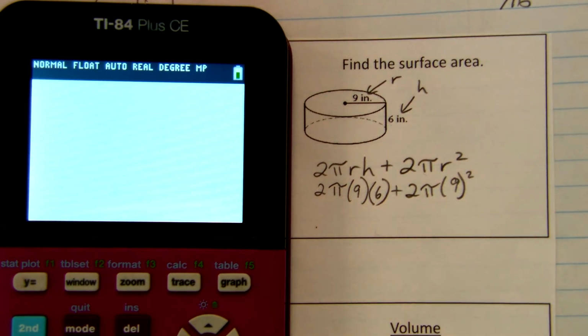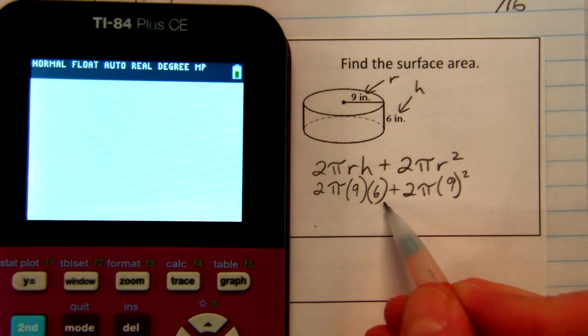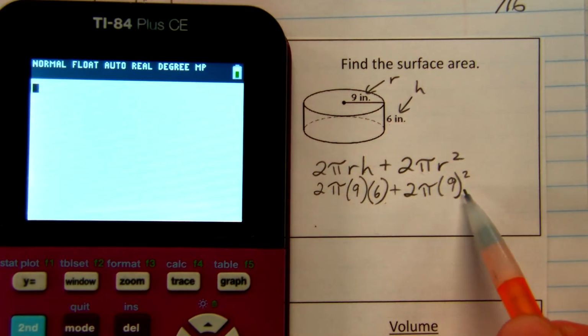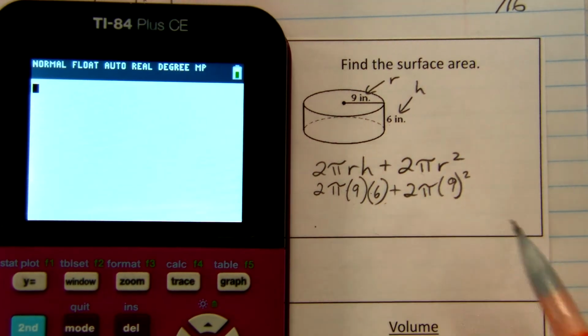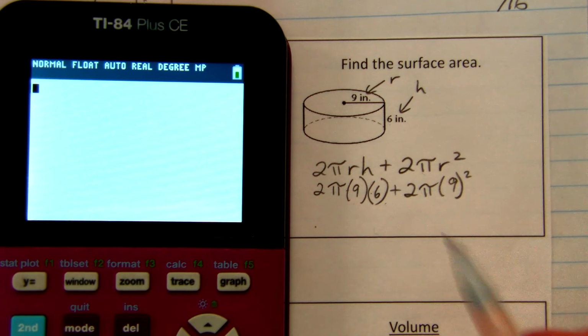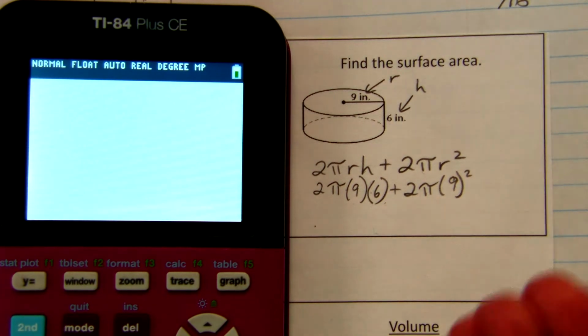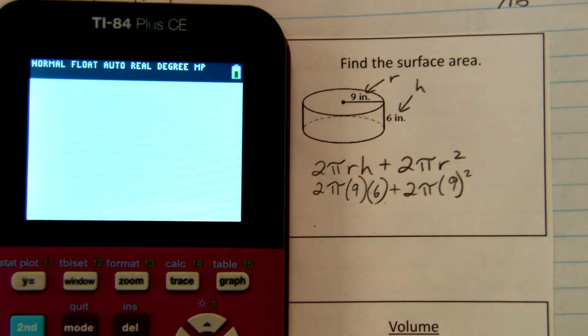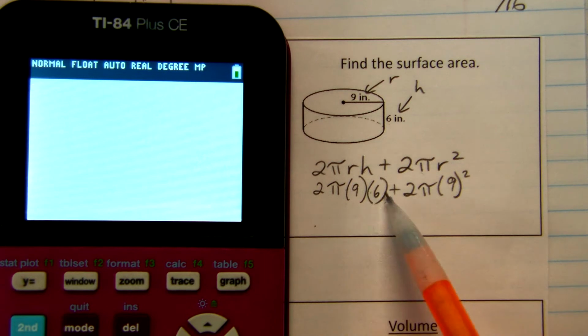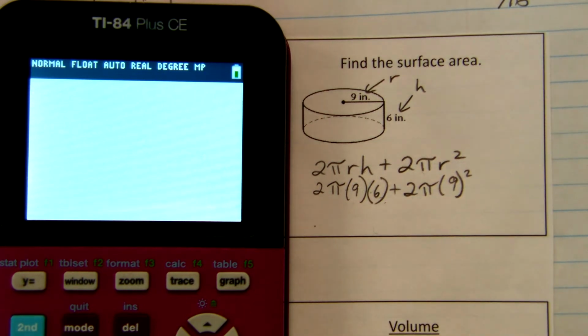I use parentheses to sort of highlight the numbers that I put in. You could just put times dots, but then sometimes people think they're decimal points. So I like parentheses just because it keeps everything separated and doesn't look like 96 or 9.6. That's why I did that.